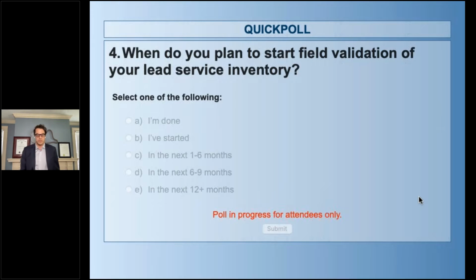We'll give everybody some time to answer those questions. Emily, let us know when we can close the poll. Sure, Dave, we're going to give just a beat more, to make sure everyone can answer one of those 5 selections, and then we'll be able to see the split of our audience.